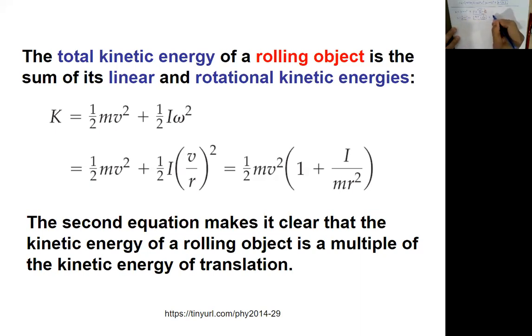So it becomes 1/2 mv squared times 1 plus I over mr squared. So your kinetic energy is this expression, which is a multiplier to the translational kinetic energy. 1/2 mv squared is your translational kinetic energy with a multiplier. So that's your K total.